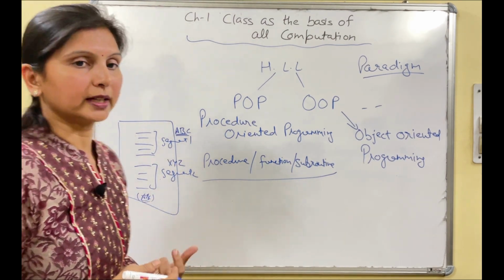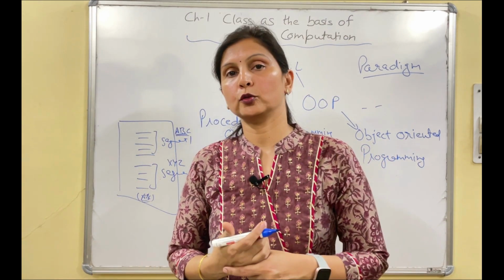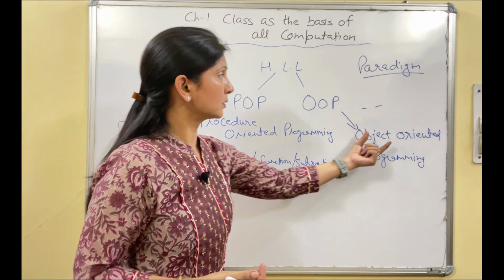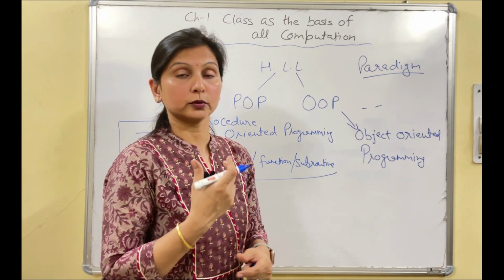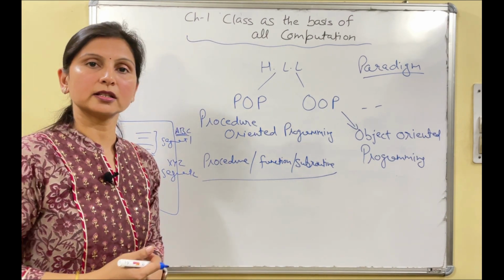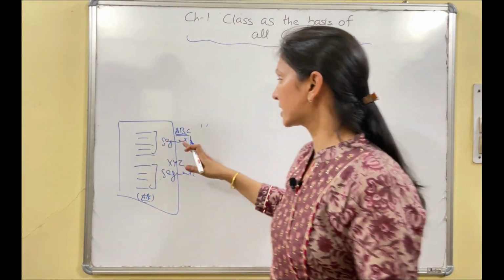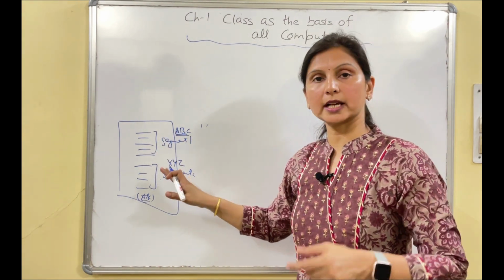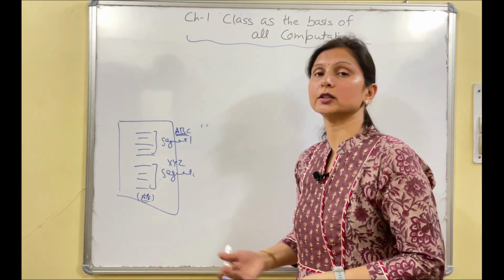Now these are the advantages. Now what are the limitations of POP due to which object oriented programming languages were developed? What were the limitations? So now we will talk about the limitations of POP. In POP, as we have just seen, we divide the programs into small modules or procedures or segments or functions.